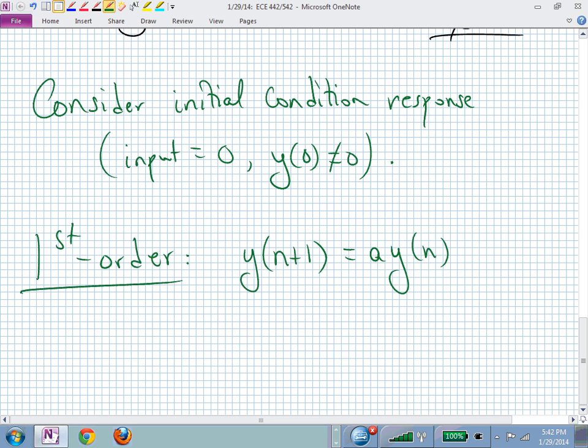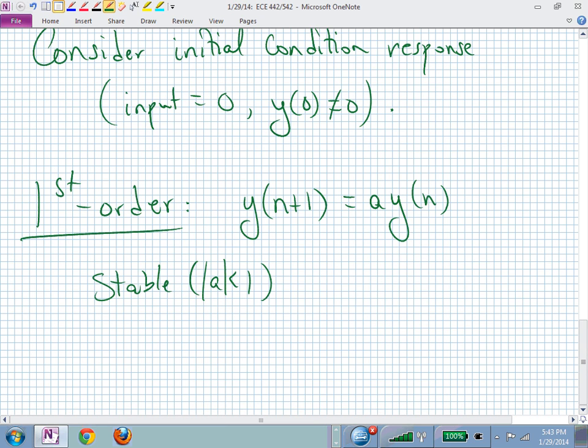Now if it's going to be stable, what do we know has to be true about a? The absolute value of a needs to be less than 1. Because if a was minus 1/2, it would decay, but it would oscillate violently back and forth between each sample, changing its sign. It's a little bit better behaved if it's positive and less than 1.